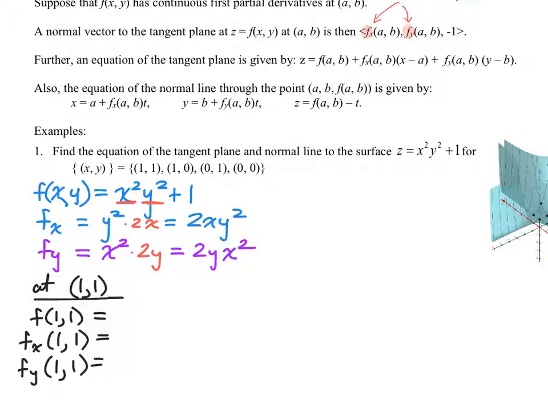All right, so very easy calculations. Plugging in a 1 for x and a 1 for y. So 1 squared times 1 squared is 1, plus 1 is 2. So I got that bad boy. Two times 1 squared, 2. 2 times 1 squared, 2. So all these calculations were very easy.